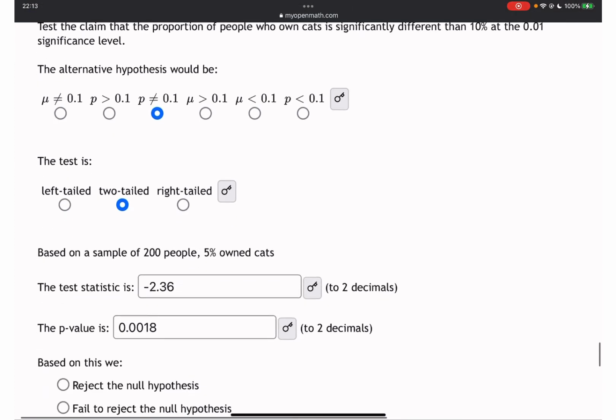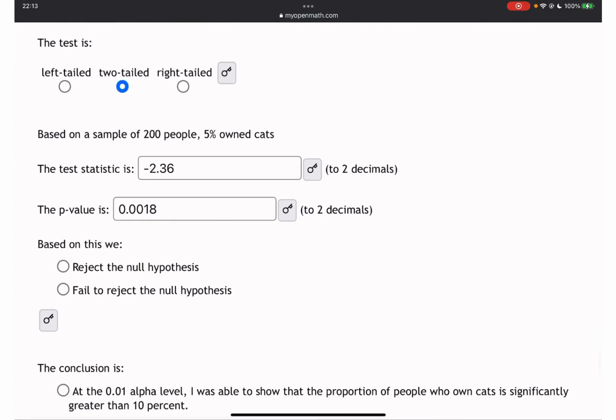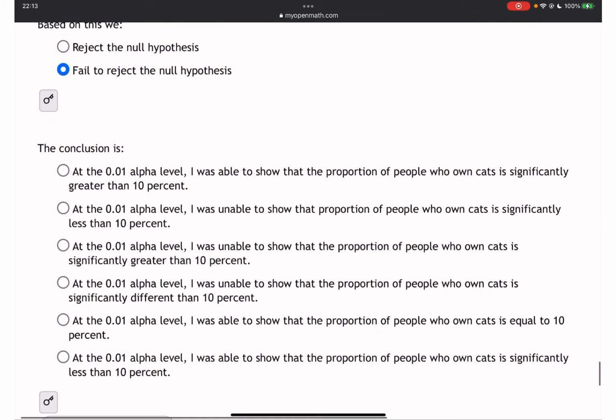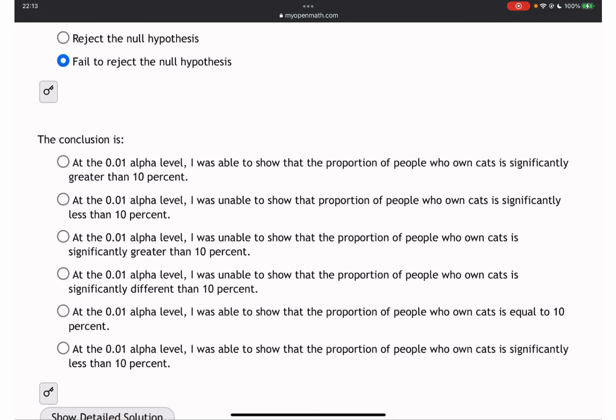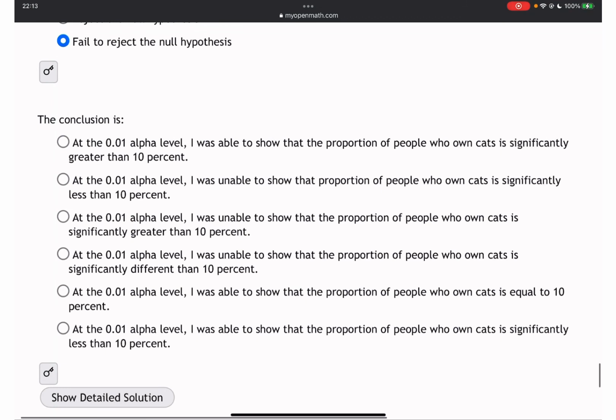Now, because we got 0.0018 is less than 0.01, then we fail to reject the null hypothesis. And since we fail to reject the null hypothesis, from here we can say that at the 0.01 alpha level, I was unable to show that the proportion of people who own cats is significantly different than 10%.